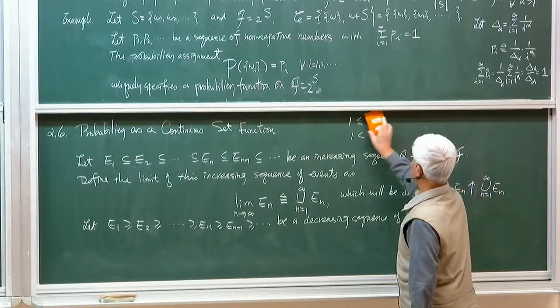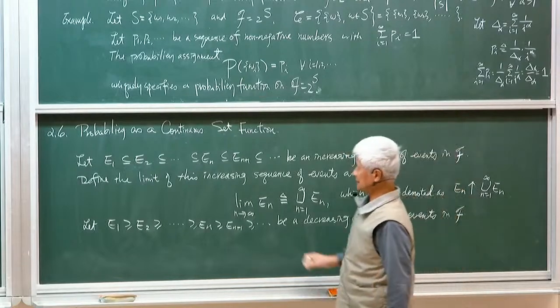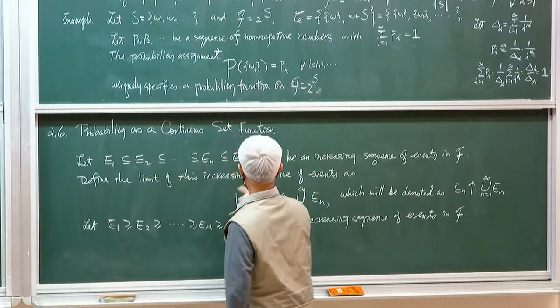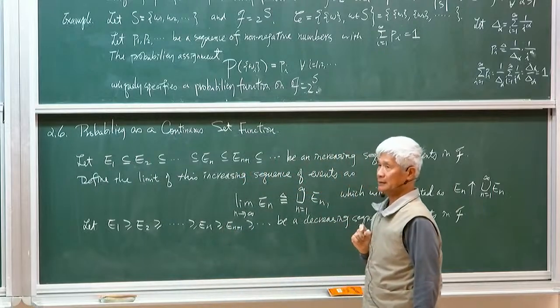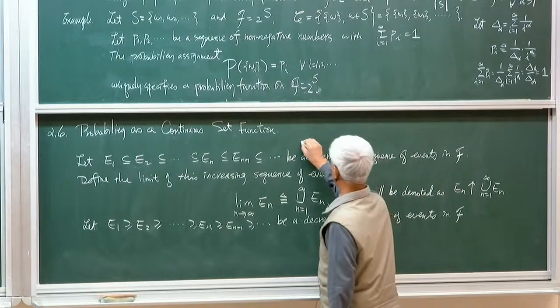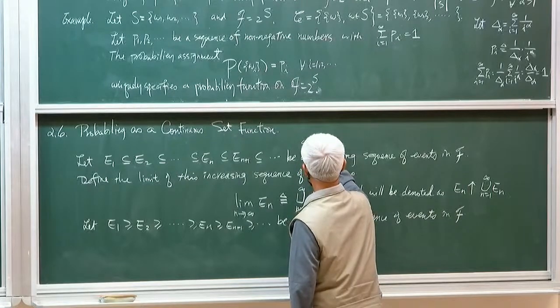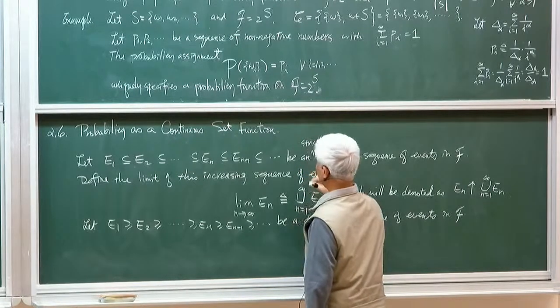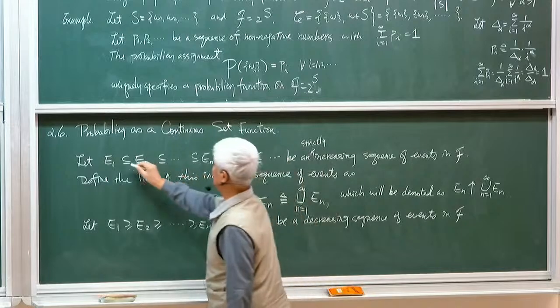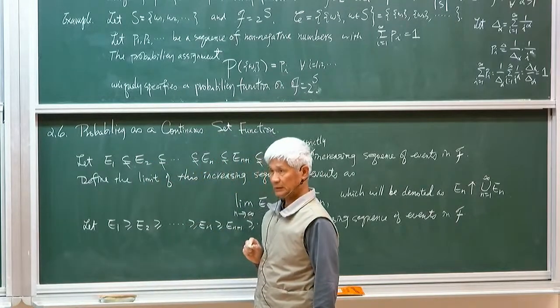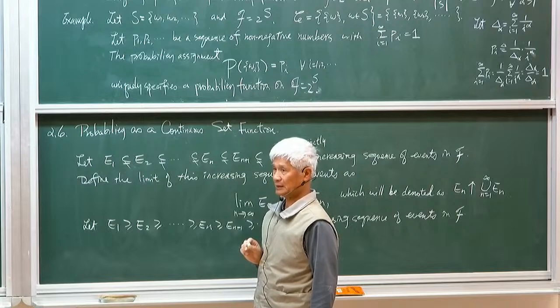So it is possible that E1 equals E2, and it is still called increasing. If we say strictly increasing, then you can't have equality.